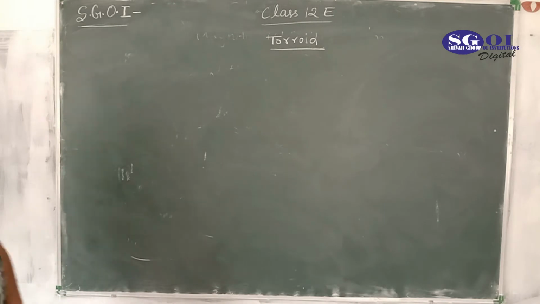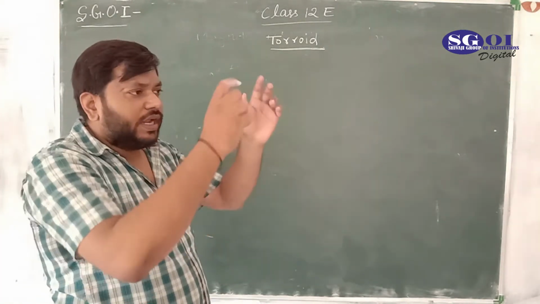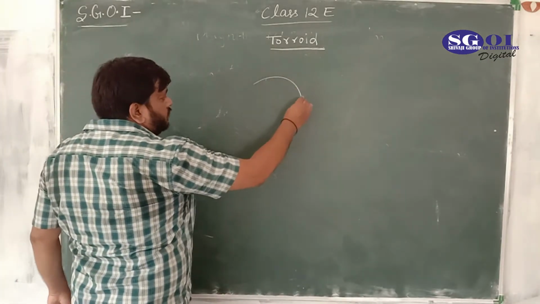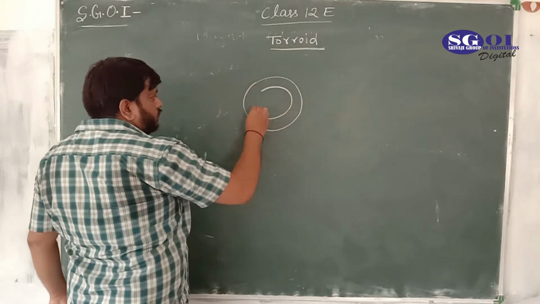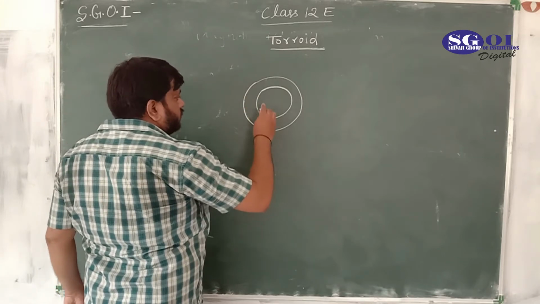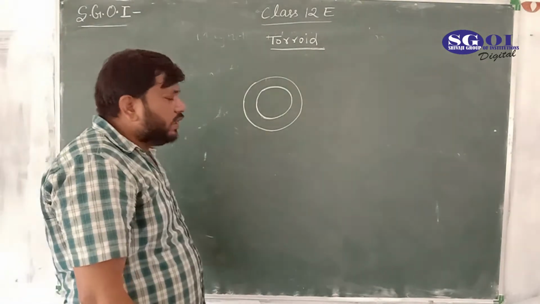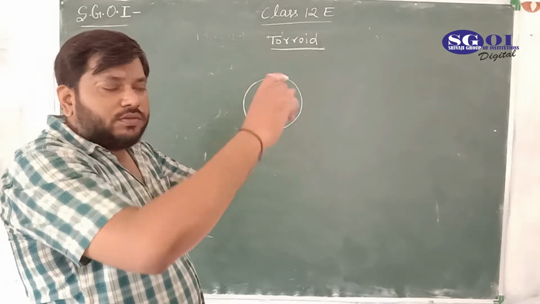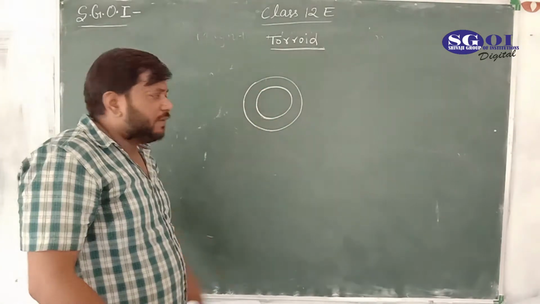So what is a toroid? Just bend the solenoid and join both the ends. In a solenoid it is cylindrical, and if we bend and join both the ends of the cylinder, it would be this type of structure.